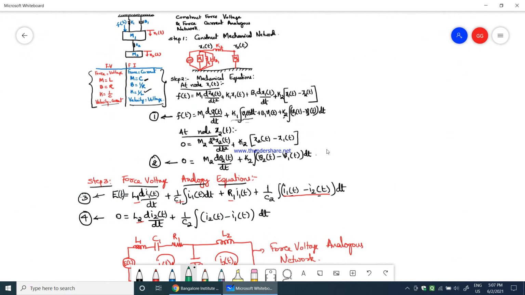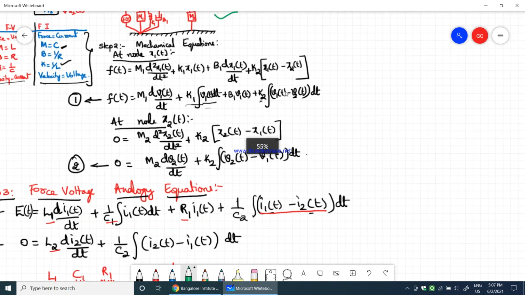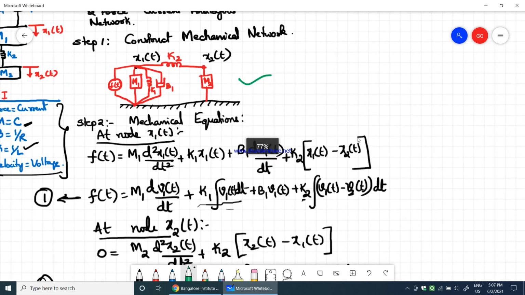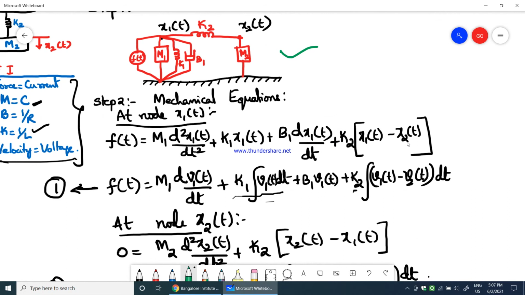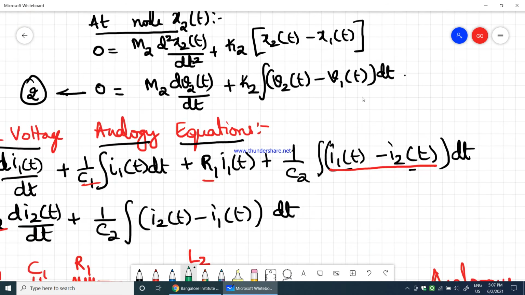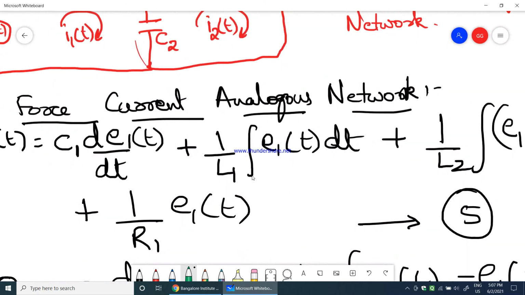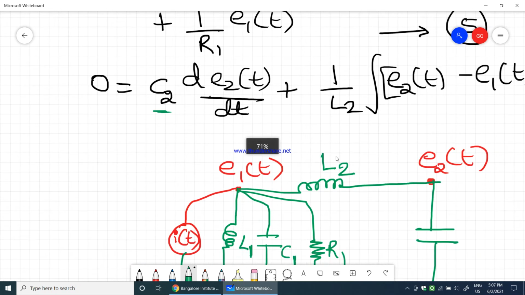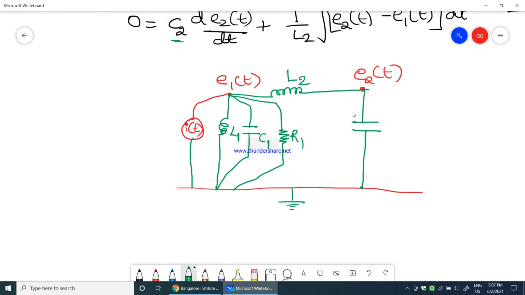It seems to be the same. Here, this is the mechanical network. So you have f of t, mass, spring, damper, spring, mass. So here same thing in the force current analogous network.